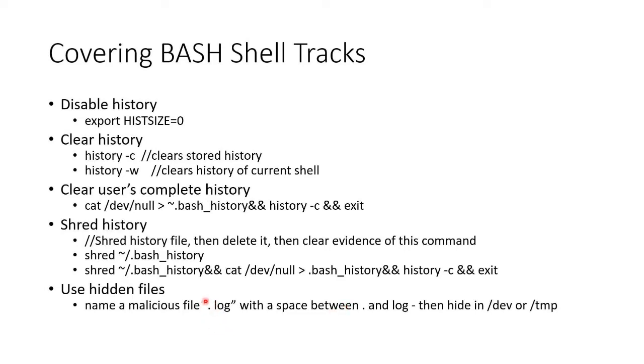When you start something with a dot, remember, it's hidden. This space allows you to have just whatever name you like, and the dot will make it hidden. So you hide it in a place where we expect to see log files, dev or temp. And people won't notice the space there.